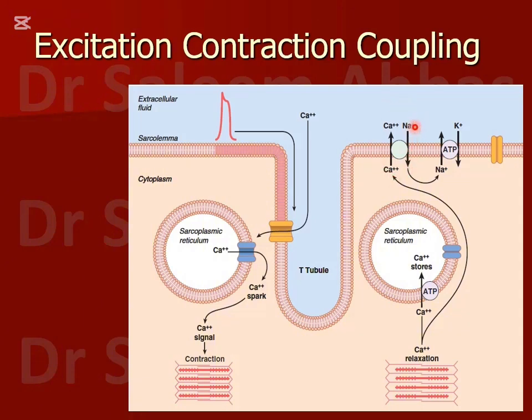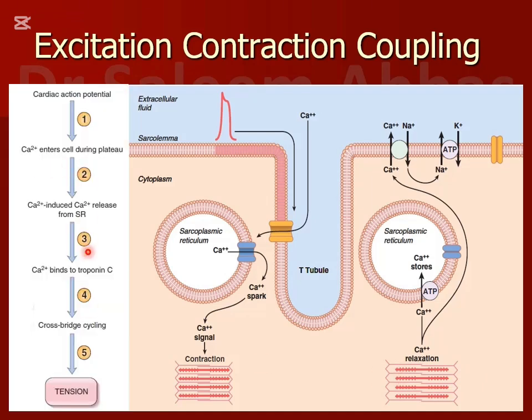So this is a secondary active transport, and it is taking place because of the primary active transport. In fact, the calcium is pumped back into the sarcoplasmic reticulum or pumped outside, and as a result the calcium level within the cardiac muscle fiber decreases, and that results in the process of relaxation.